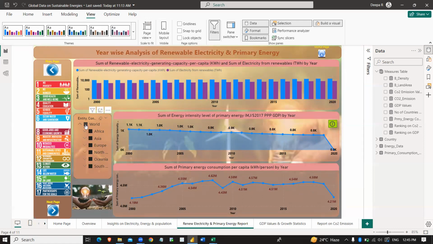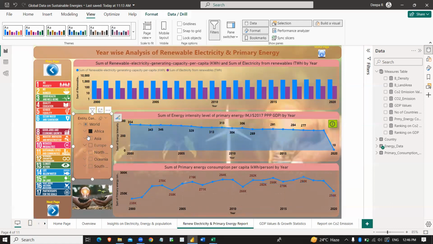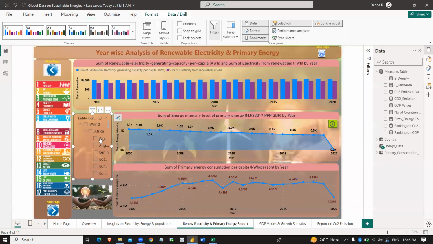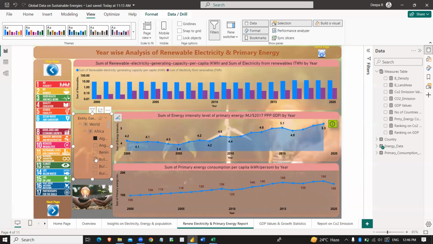And here also I've given a regional filter, and using this one we can check according to the continents and according to the countries. So if I take up Africa, any country in Africa that you want to check out, you can check that particular country. Okay, so this is Algeria.